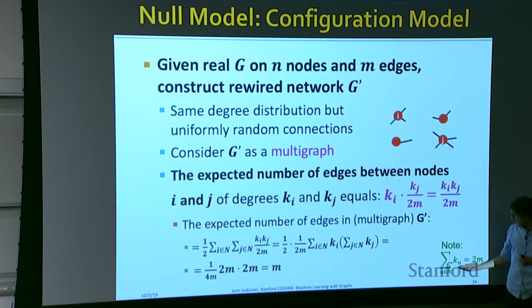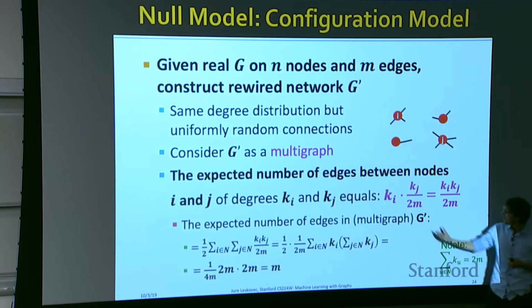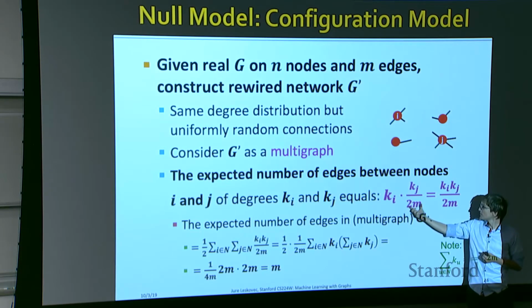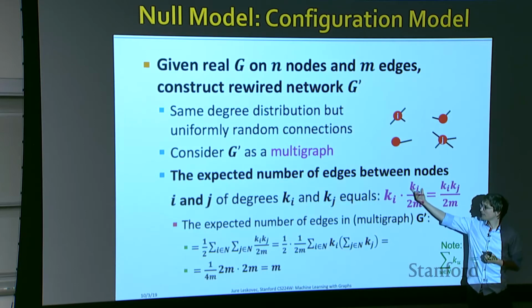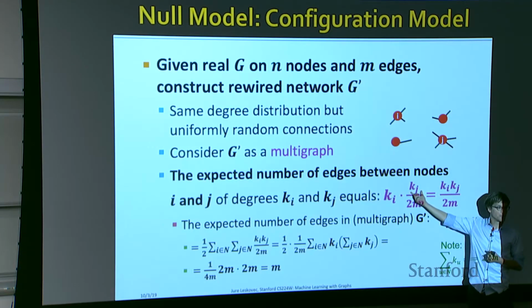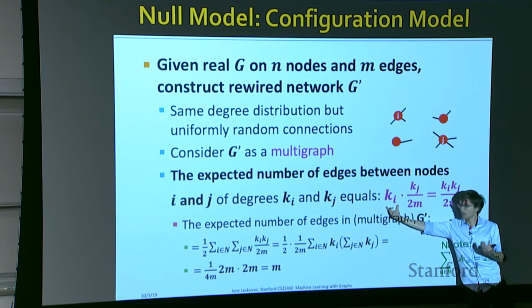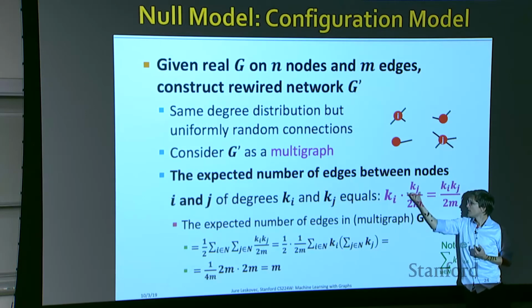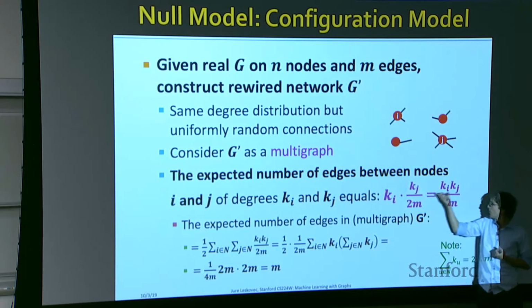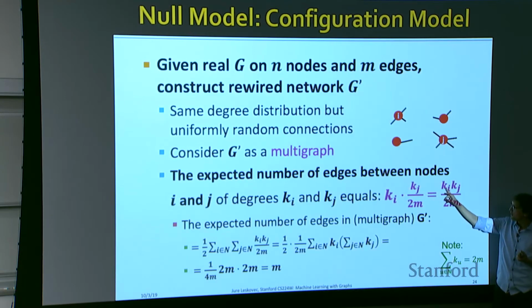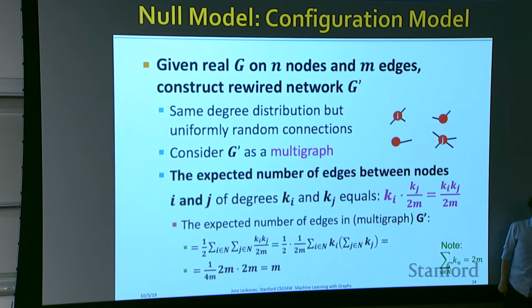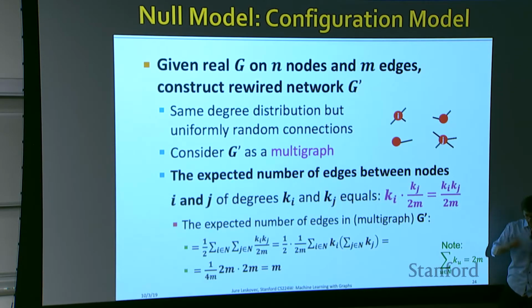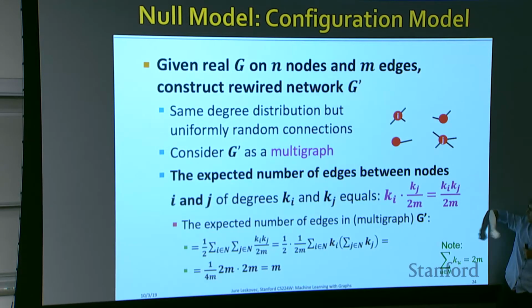So that's why I have this term here. Out of all the available endpoints, my target node has k_j of them, and node i gets k_i attempts to hit any of these. So in expectation, I will hit k_i times k_j divided by 2m. That's the expected number of edges if edges go randomly between a pair of nodes with these types of degrees.